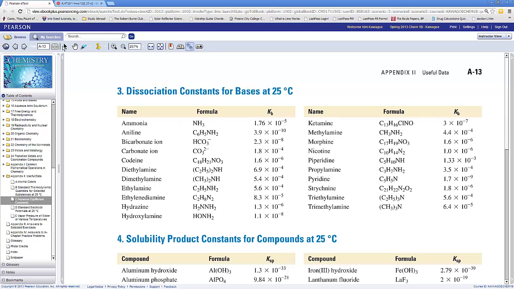And if you look under M, methylamine is right here. What I find useful is that these values are listed both alphabetically and by formula, and so you can see that the Kb value for this reaction is 4.4 times 10 to the minus 4. This is a little bit easier than working with the conjugate base of a weak acid because you don't have to go through the intermediate step of calculating Kb for the problem.